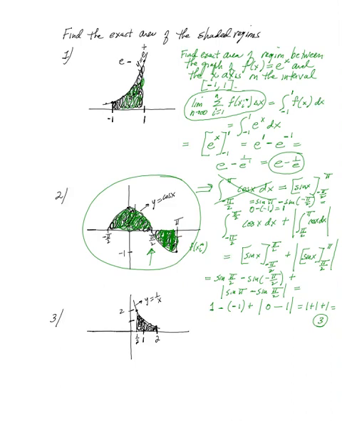Now that makes sense because there's 1 unit of area right there. There's 1 unit of area right here. There's 1 unit of area right there. In all, there's 3 units of area. But how many more units above the x-axis than there are below?